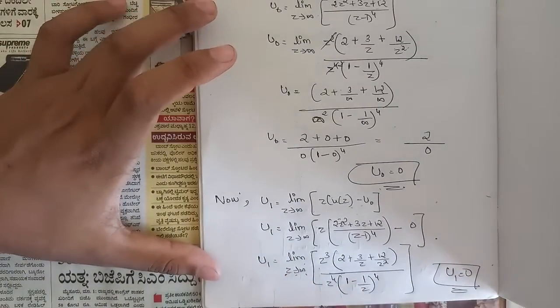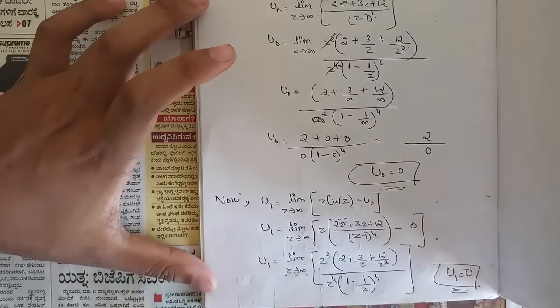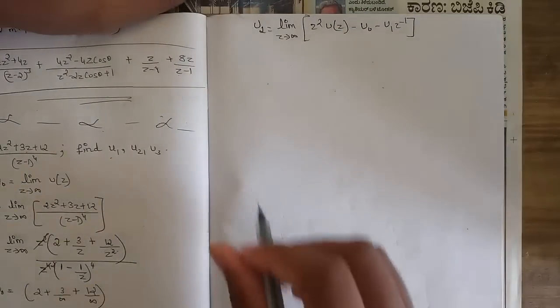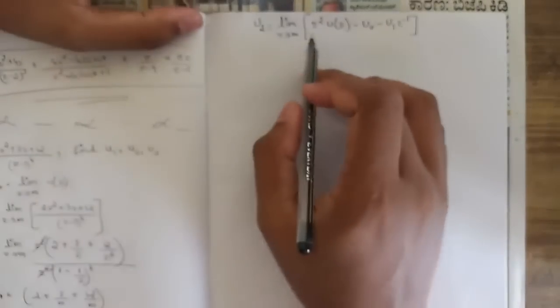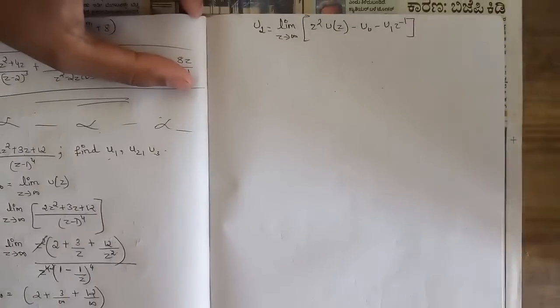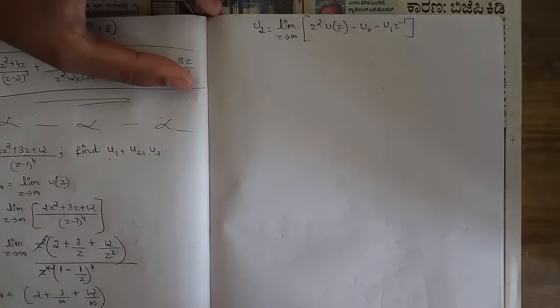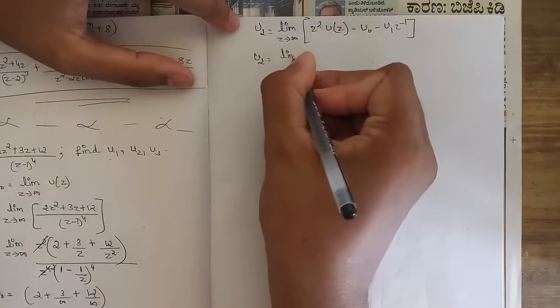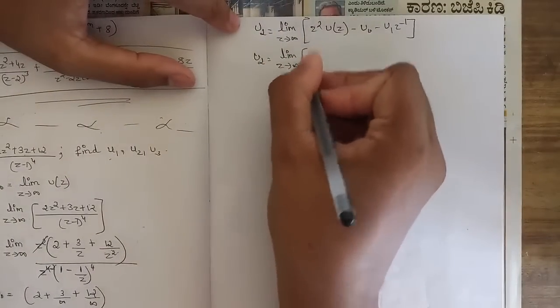Okay, now let's find u2. So this is the formula for u2, z square into u of z minus u naught minus u1 z inverse. So now let's substitute the values.